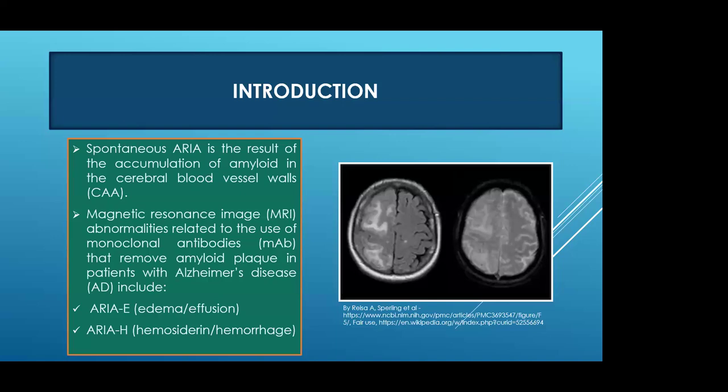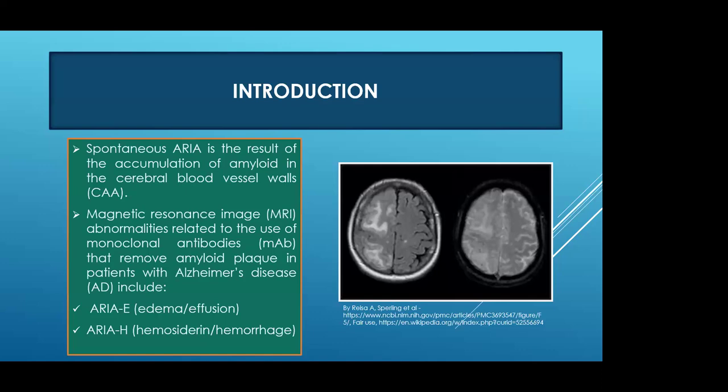These MRI changes, due to vasogenic edema and cerebral microhemorrhages, were, as we know, first reported in the trials with the monoclonal antibodies, specifically in 2009, with the first one, bapineuzumab, when they did this treatment with the monoclonals targeting the amyloid plaques.